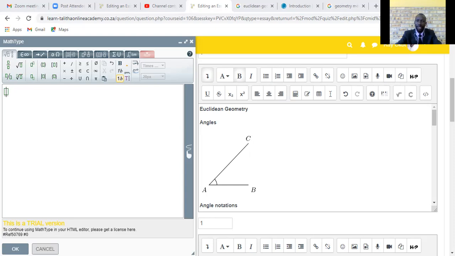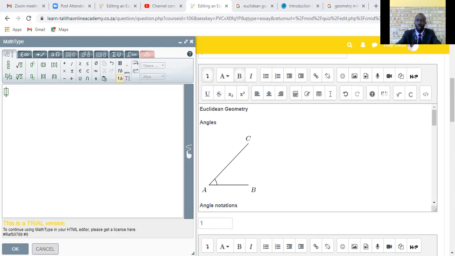Other uses of Euclidean geometry are related to art, that is artwork, where there are things like drawing and painting. Also, to determine the best parking arrangement for various types of objects, we also use Euclidean geometry. So precisely, that is the introduction of Euclidean geometry.